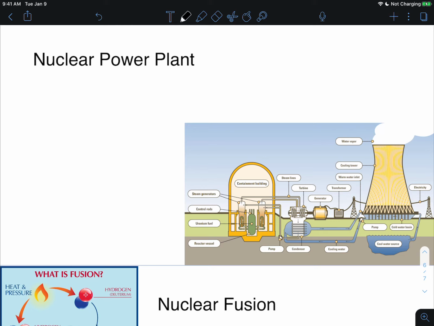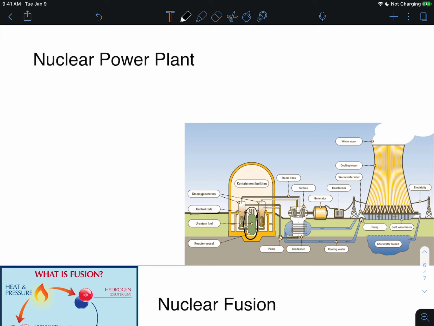So if we look at this picture on the right, we have our uranium fuel right here. So it's going to be uranium-238 with enrichment of 235 throughout. Again, not too much. We don't want to cause an explosion. And there are also these things called control rods at the top that are there to control the reaction if it seems to be getting too energetic.